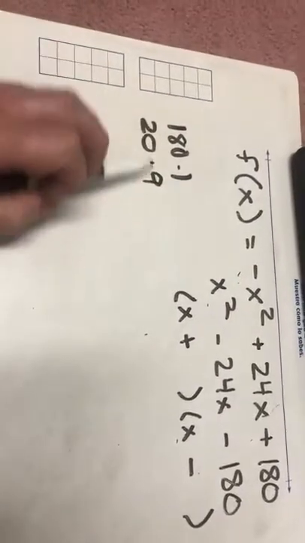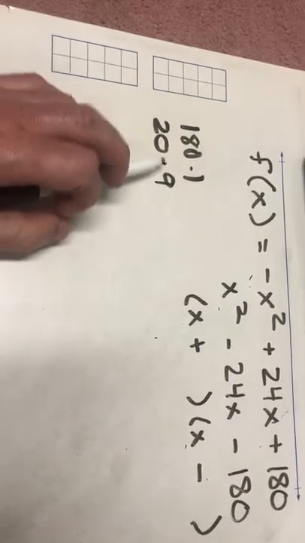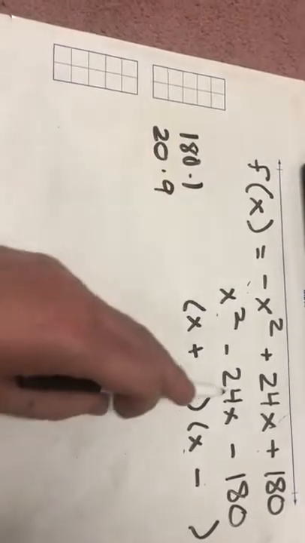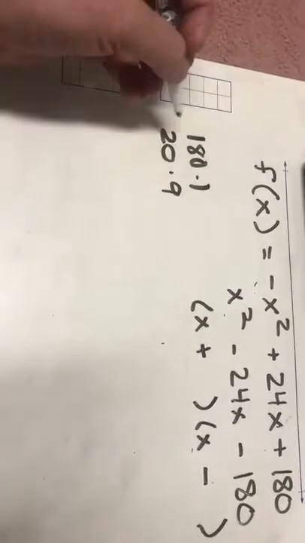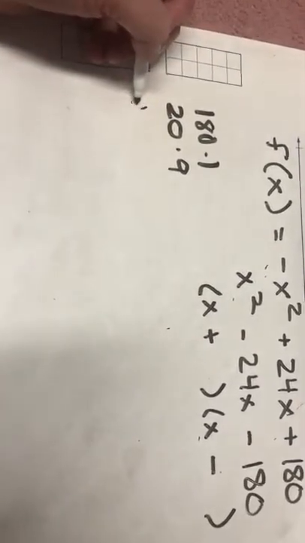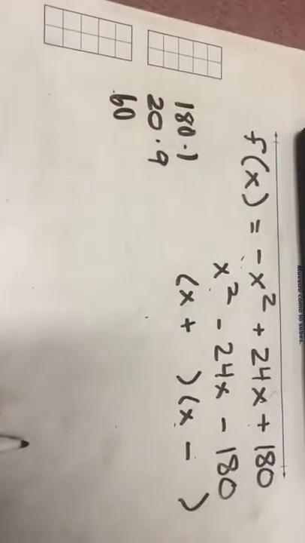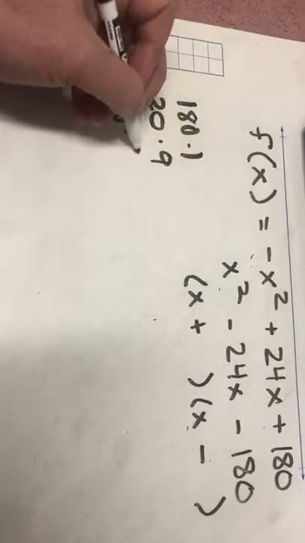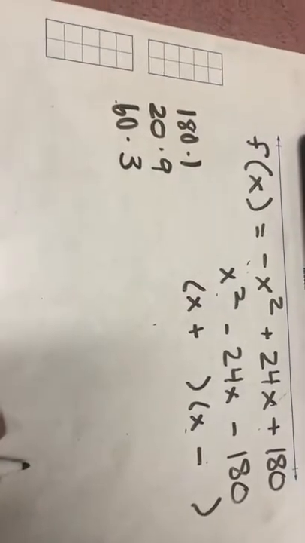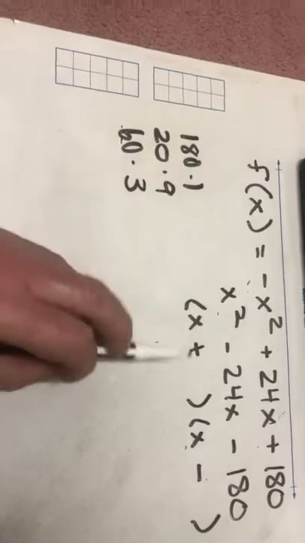Well, we're getting a little closer, but 20 minus 9 is still 11, so that's not working with 24. I can see that 6 can go into 180, so thus 60 can also go into 180. And so it's 60 times 3. Well, that added together is 63, subtracted is 57. That's not going to work with 24.